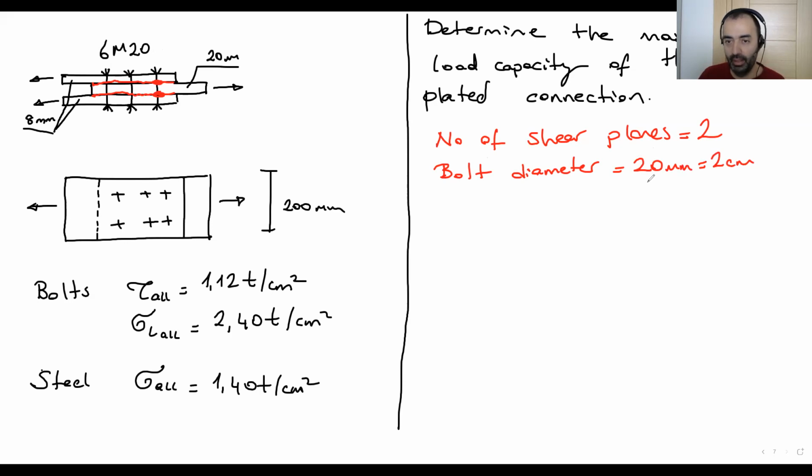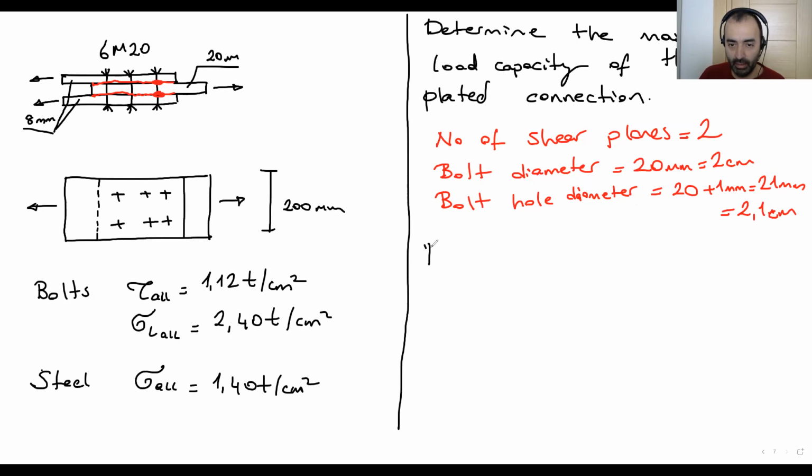What is the bolt hole diameter? 20 plus 1 millimeter, so 21 millimeter, equals 2.1 centimeter. At the beginning, we can decide all these numbers, then we can use them.